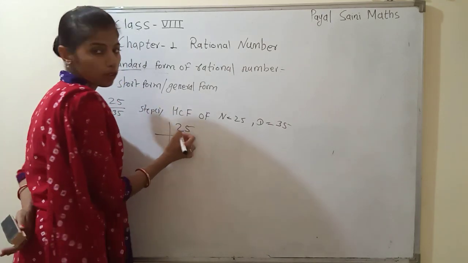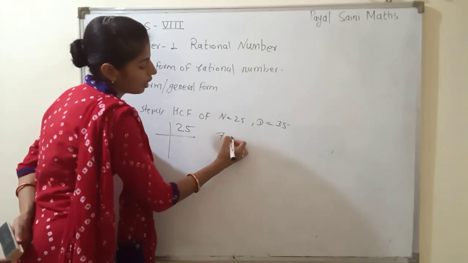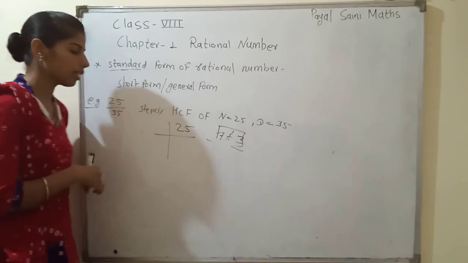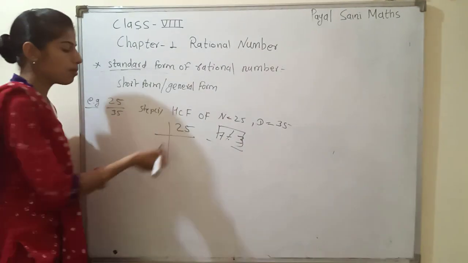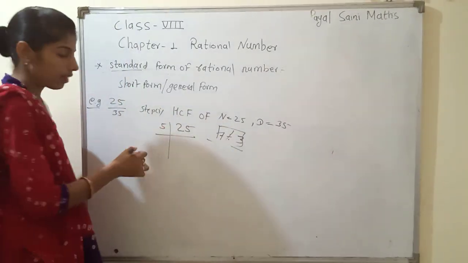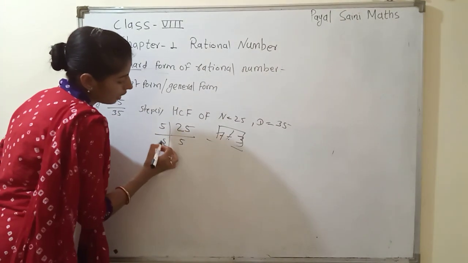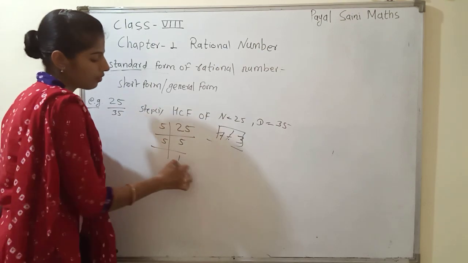But when we add 2 plus 5 it is 7, which does not come in the table of 3, so it is not divisible by 3. Next is 4, which is not possible. Then directly 5. 25 divided by 5 is 5 times, and again 5 divided by 5 is 1 time.